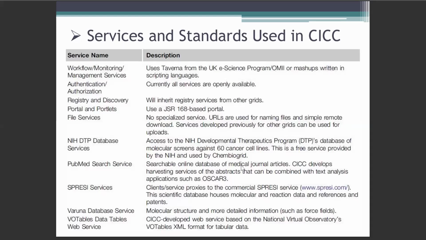This is one example, which is the chemical informatics grid. What we need to provide is the service name, and what you get from here. This is a project that is completely used to support cluster analysis and other kinds of calculative principles. I need to get the data, meaning from where I need to get the data.